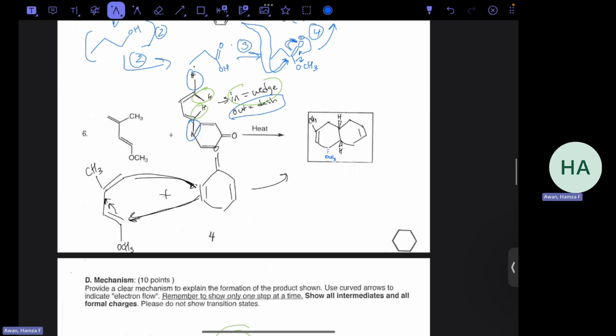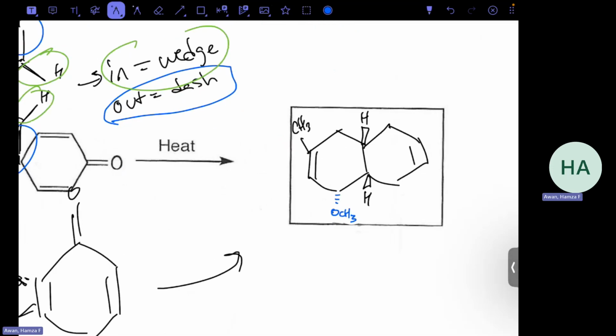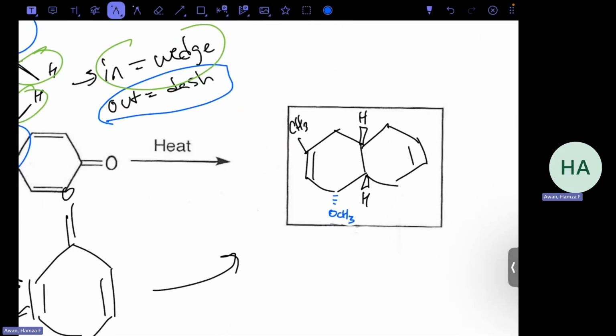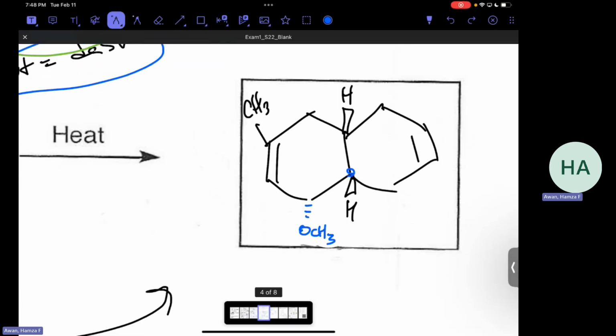It's that the electron donating group and electron withdrawing group have to be 1,2 or 1,4 away from each other, right? So what that means, the way to count this out is actually to skip this carbon. So my general tip is just to skip this carbon that your electron donating group is attached to, and just go immediately to the bond that's formed, okay? So we're going to immediately go here, all right?